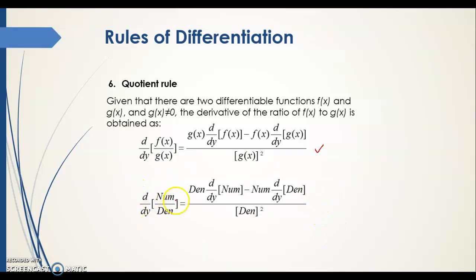When you have to find the derivative of numerator divided by denominator, it is the denominator square, and on the numerator side you keep the denominator as it is, times the derivative of the numerator, minus the numerator as it is, times the derivative of the denominator.